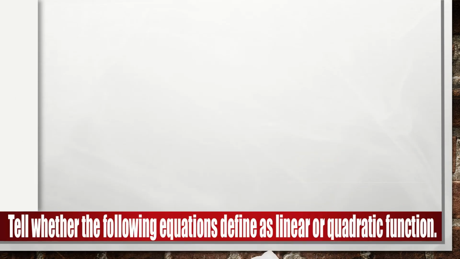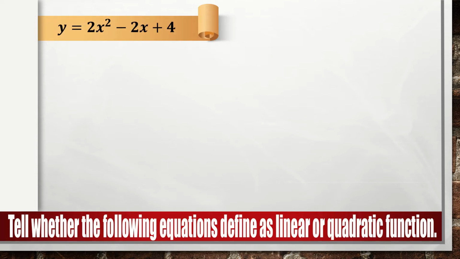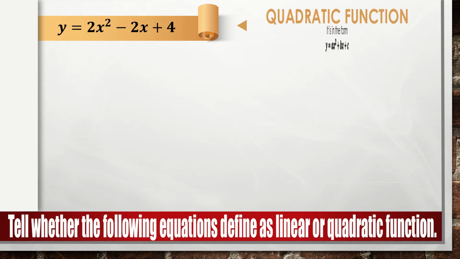So let us tell whether the following equations are defined as linear or quadratic functions. Let us have number 1. Y is equal to 2x squared minus 2x plus 4. Yes, it is a quadratic function since it is in the form y is equal to ax squared plus bx plus c.